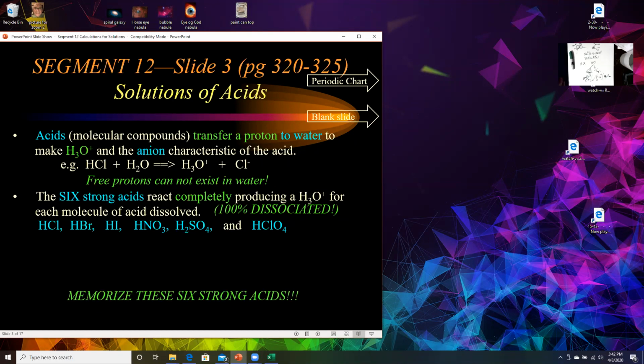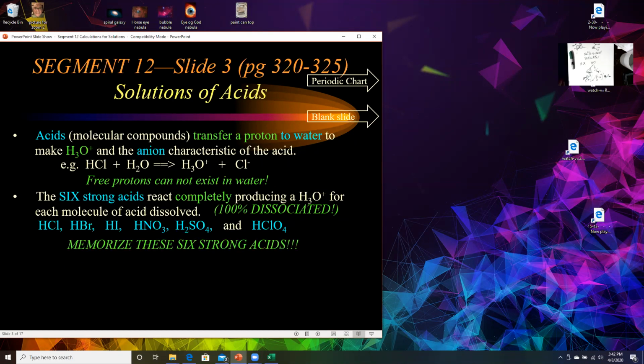Now you need to memorize these because we're going to be interested in whether an acid separates or not when you put it into water. And we know these 6 do.